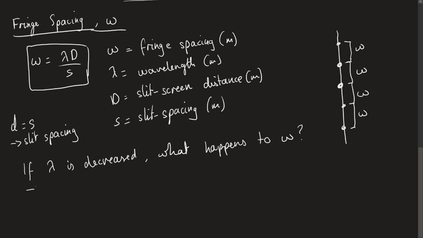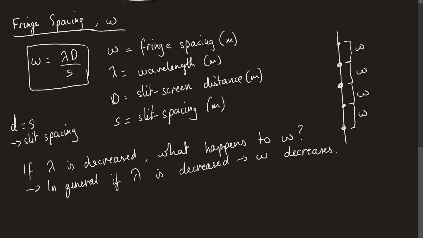So in general, if we decrease wavelength, we should see a decrease in the fringe spacing. Okay, this is true. So in general, if lambda is decreased, then W decreases. These are directly proportional.